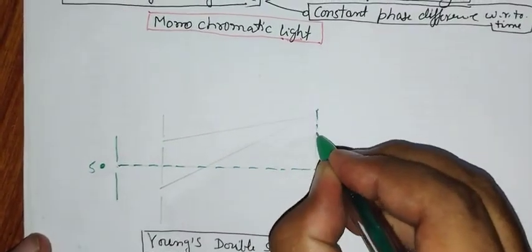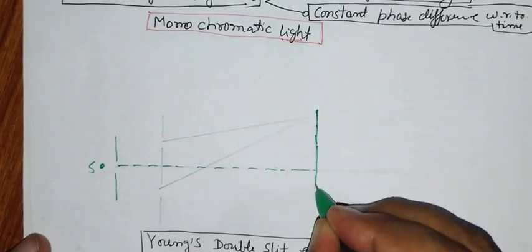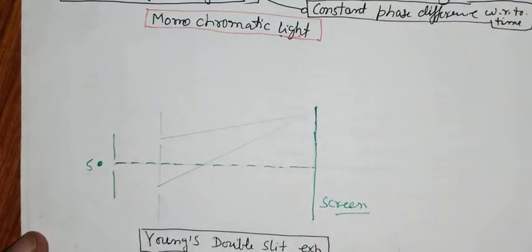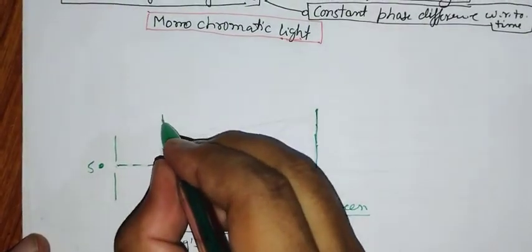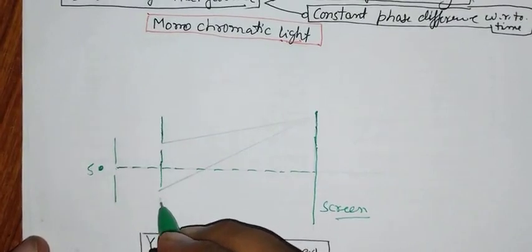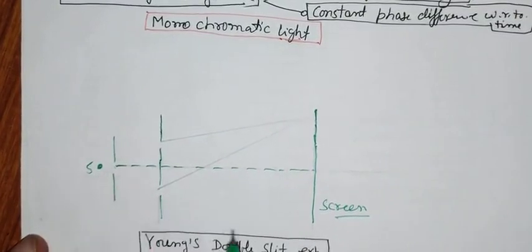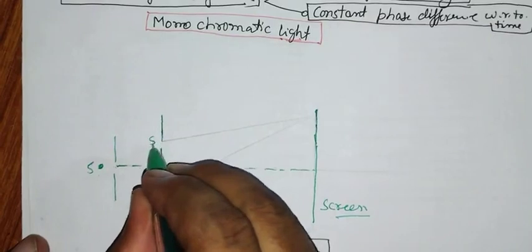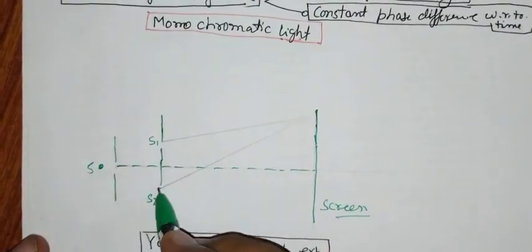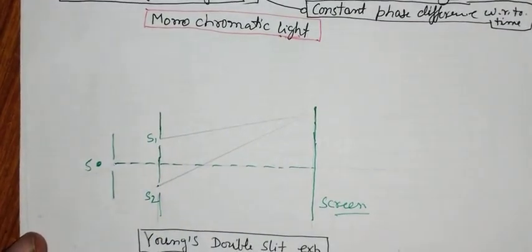We take a screen to show the interference pattern. In front of that, one more obstacle is kept. Straight in front of the monochromatic light, two slits, S1 and S2, are made. These two slits become two sources.